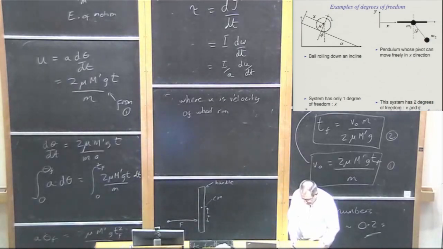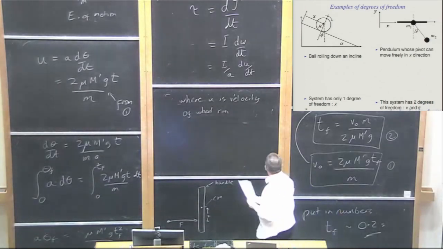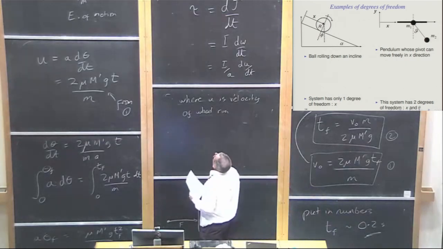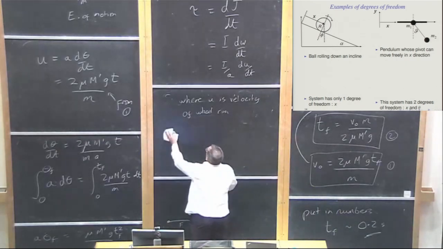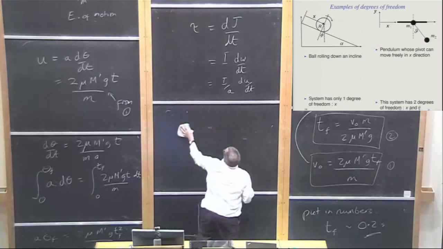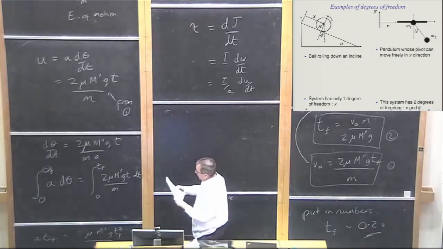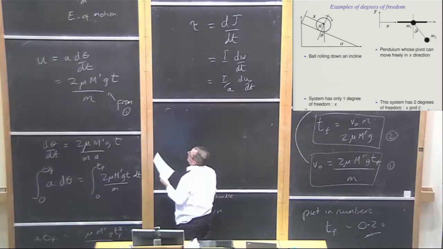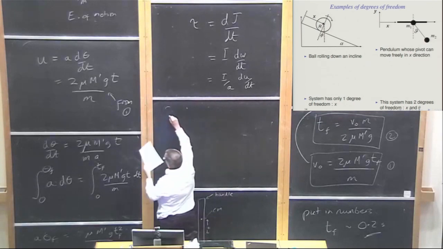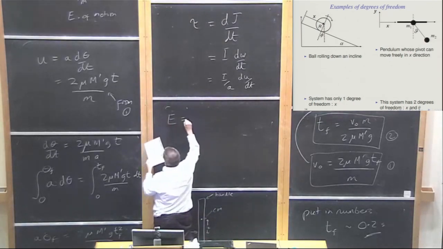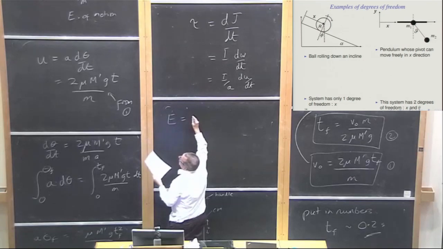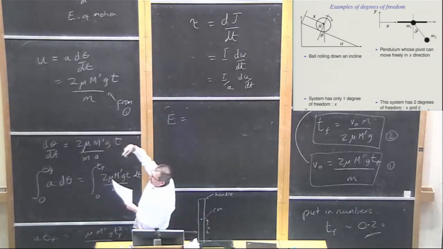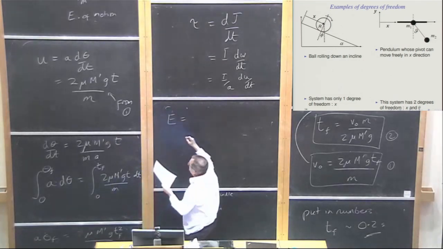So just this ball rolling down. We just need a bit of board here. So a ball rolling down this slope. Let us write down what the energy is. So the energy has the translational motion, and it has rotational motion, and it has potential energy.